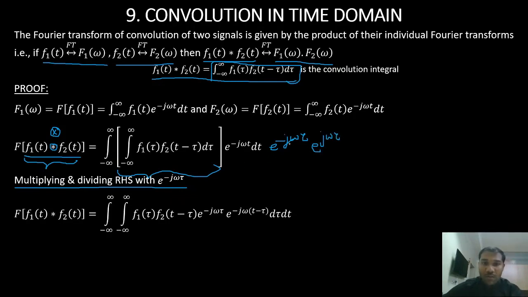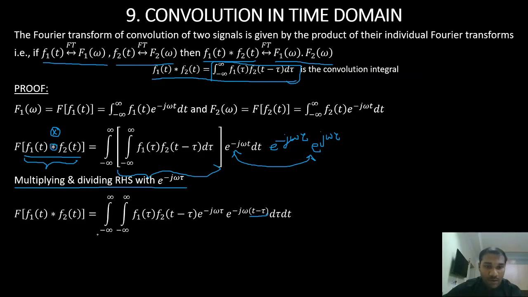So e power minus j omega tau I'll leave aside, and these two e terms I will combine. What will I get? E power minus j omega t minus tau, right? T minus tau.